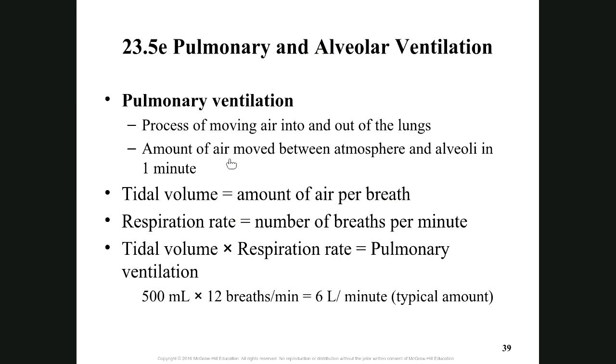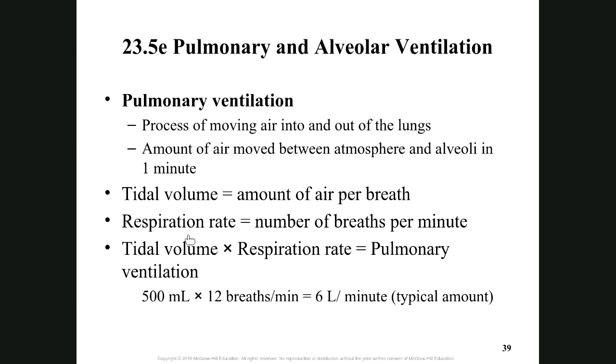When we want to calculate the pulmonary ventilation, we need two different factors. One of these factors is called tidal volume. Tidal volume is the amount of air which comes in our lung in each breathing. And this amount of air in a normal person is about 500 milliliter.